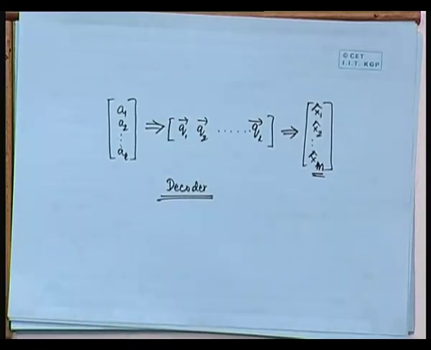Now, before we go into the neural network implementation of the principal component analysis, we should spend a little bit of time on the error, because we have just seen that what we get reconstructed is not the exact x vector, but the x cap vector. So, if we take the vector difference between the x and the x cap, that is going to be our error vector.